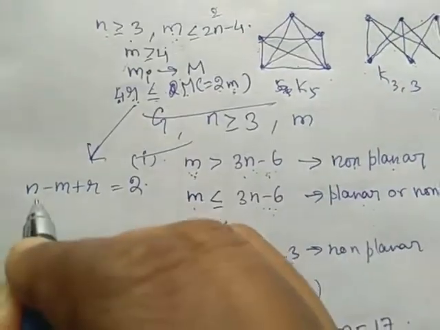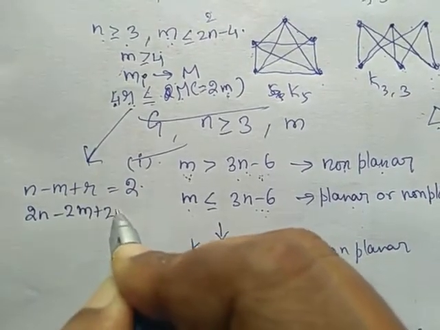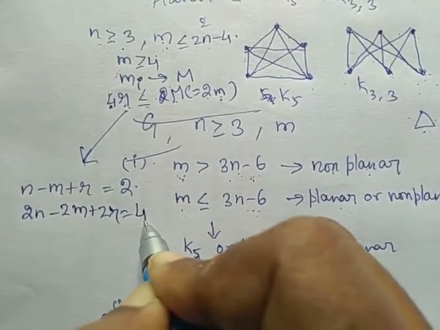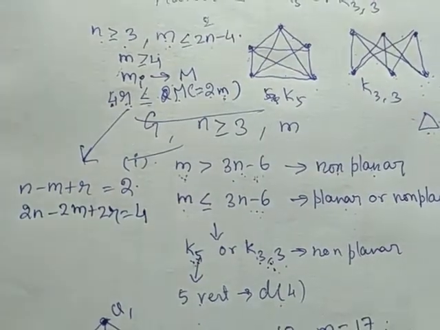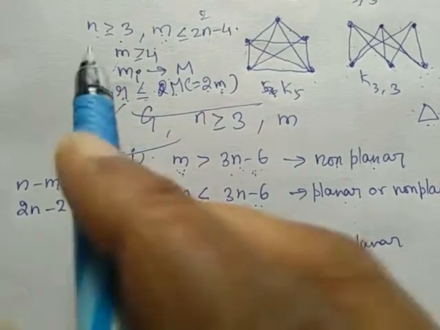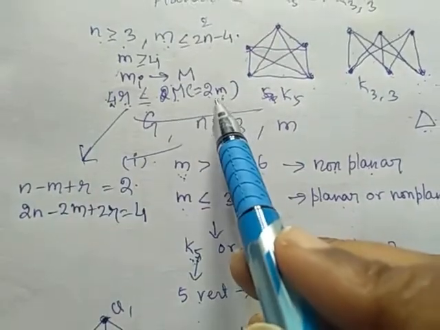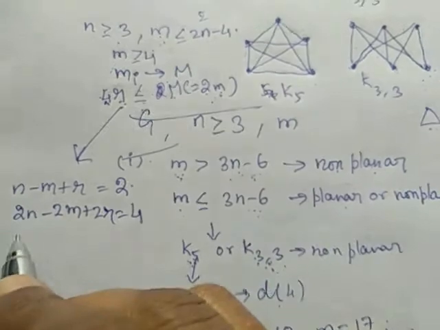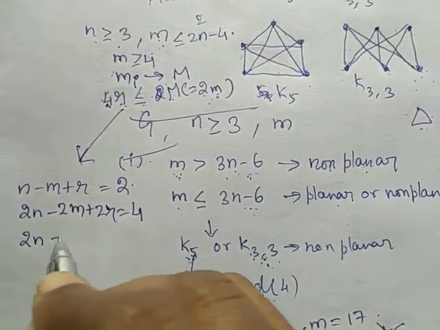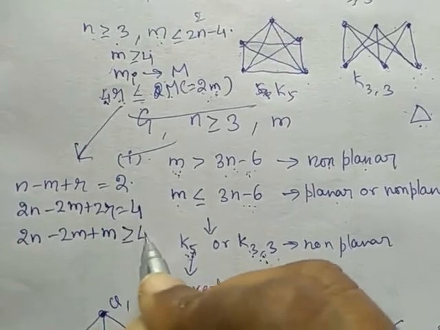Just multiply with 2: 2n minus 2m plus 2r equal to 4. 4r is less than or equal to 2m, so 2r is less than or equal to m, right? Therefore, this becomes 2n minus 2m plus m greater than or equal to 4.